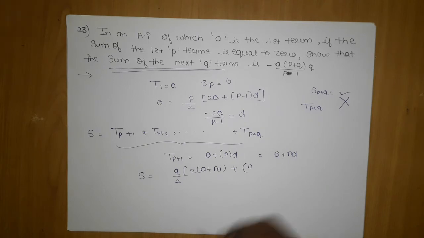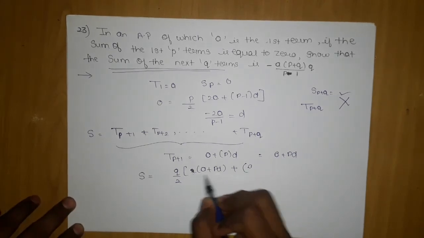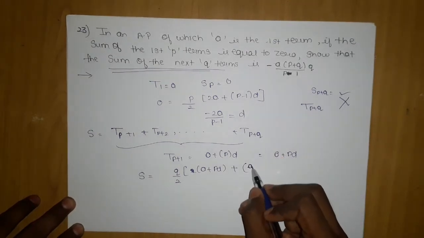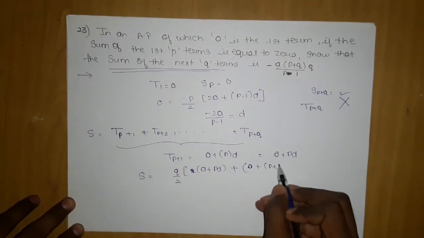We know the last term, which is P plus Q, so we will write A plus P plus Q minus 1 into D.